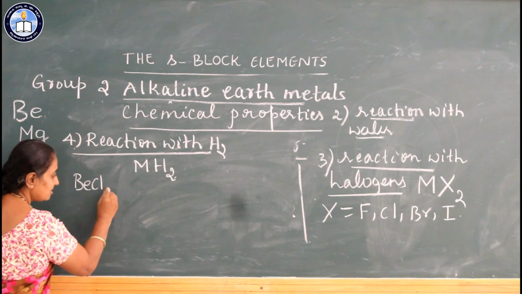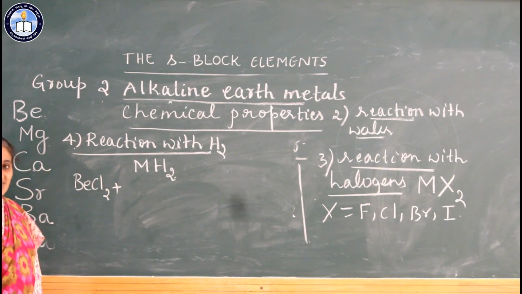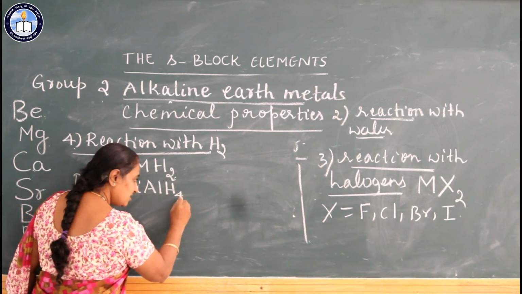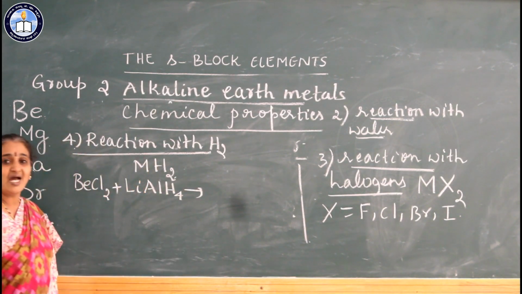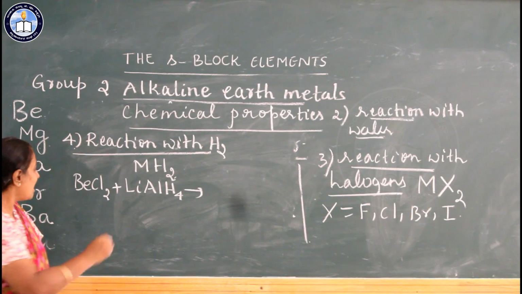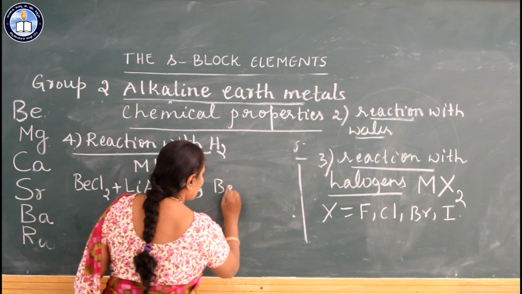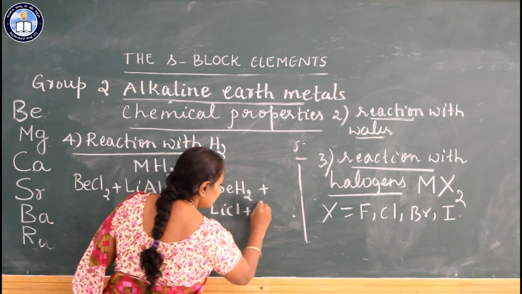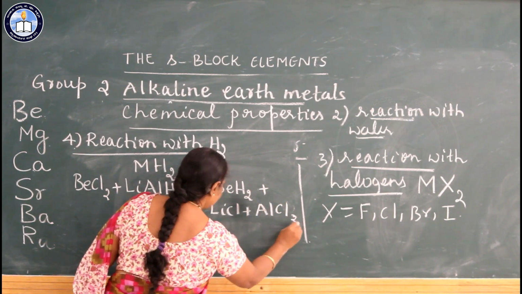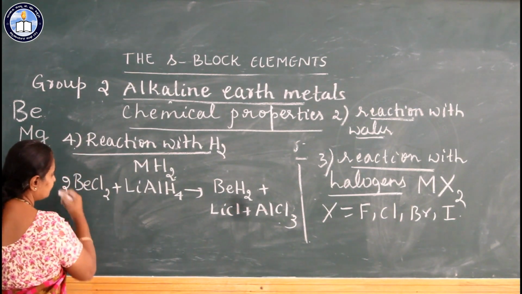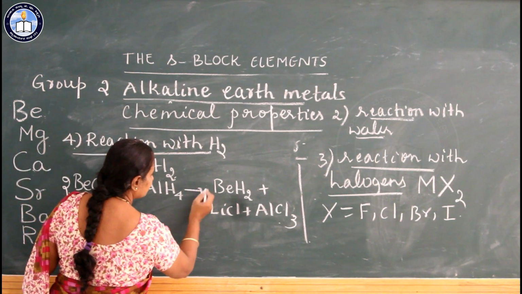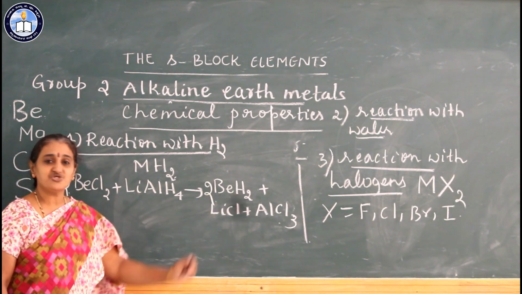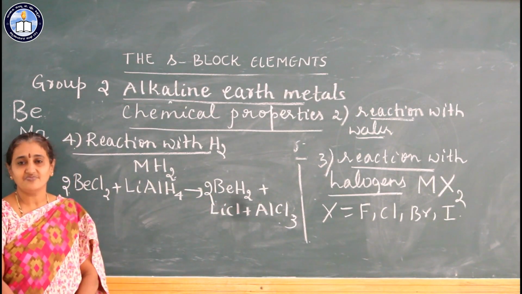Beryllium chloride, BeCl2, reacts with lithium aluminum hydride having the formula LiAlH4 and forms beryllium hydride, lithium chloride and aluminum chloride. This BeH2 is beryllium hydride.